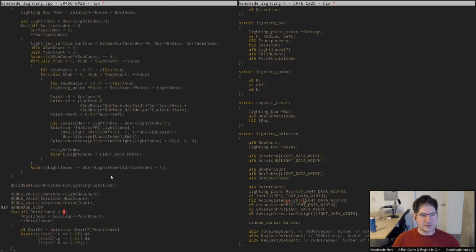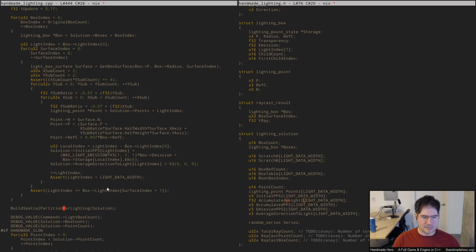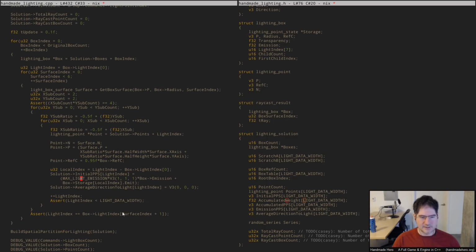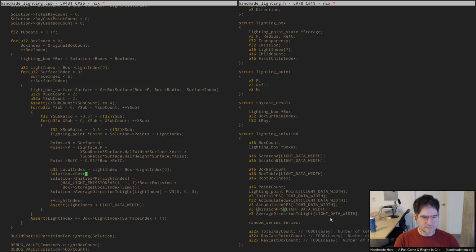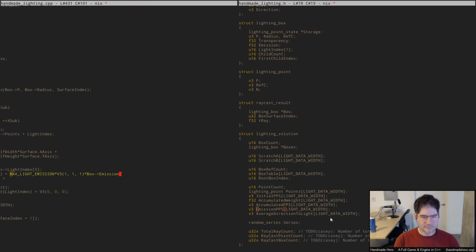So the other thing that I'm going to do here is, again, set up the emission values to be something that's more understandable. So the emission PPS, I'm going to set for this light index as so.